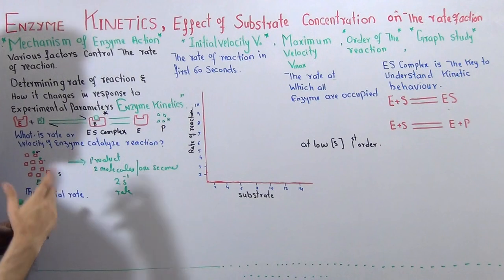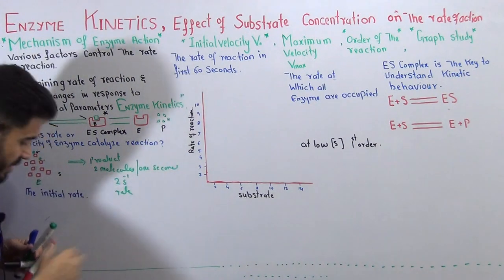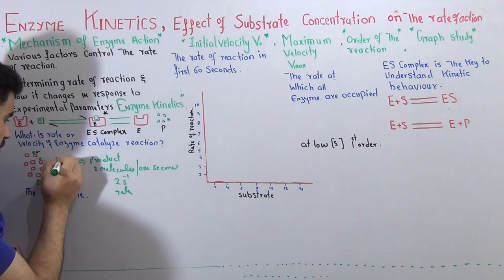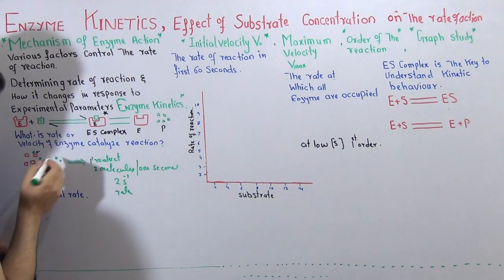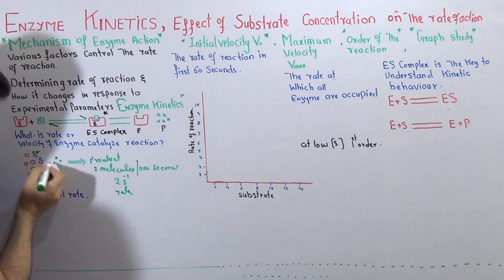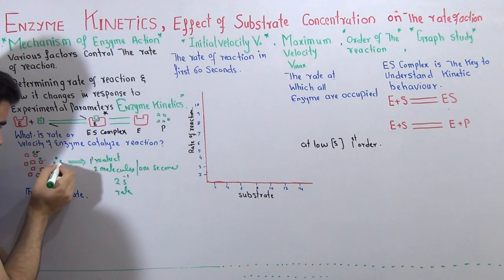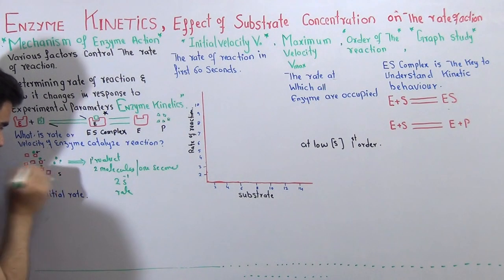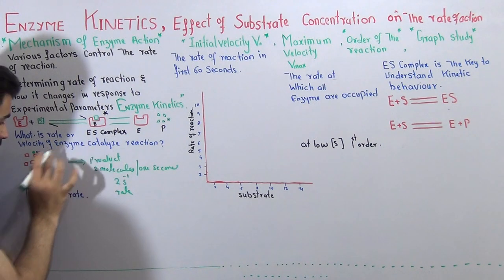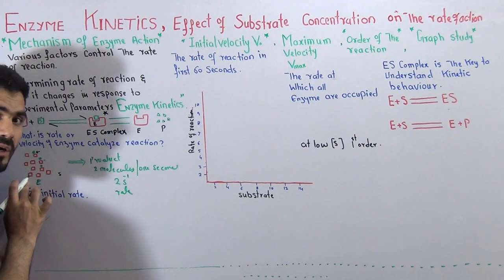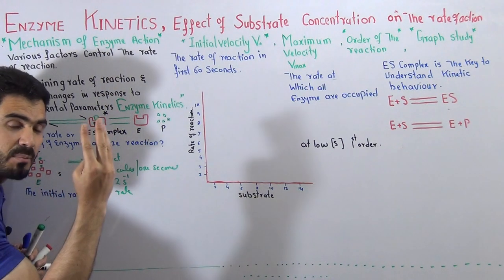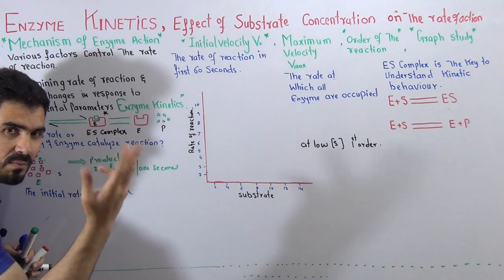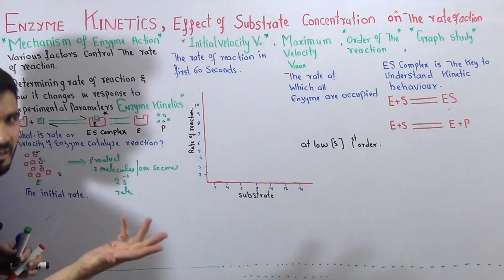If you have 3 substrate molecules, one substrate will come to one enzyme, another to the next enzyme, and the third substrate molecule to the third enzyme. So among all of these enzymes, only 3 enzymes will be utilized, because only 3 substrates are available.